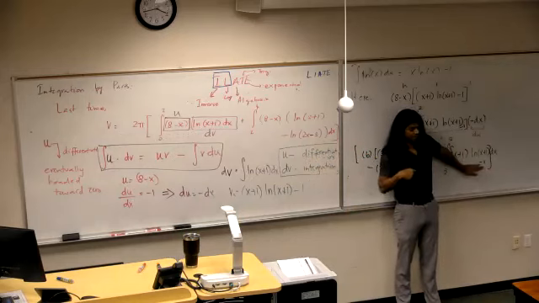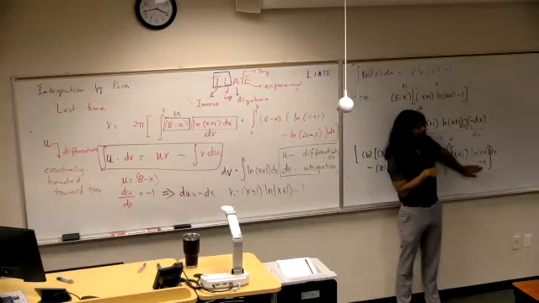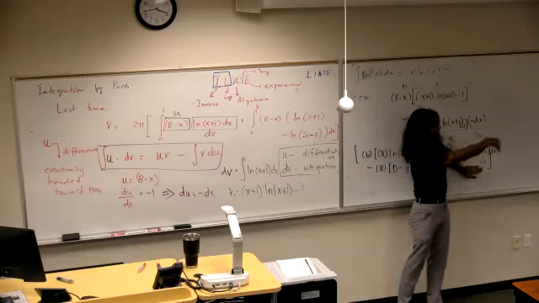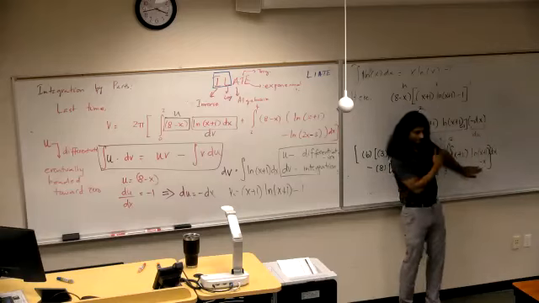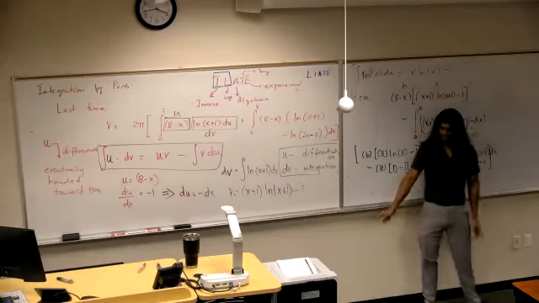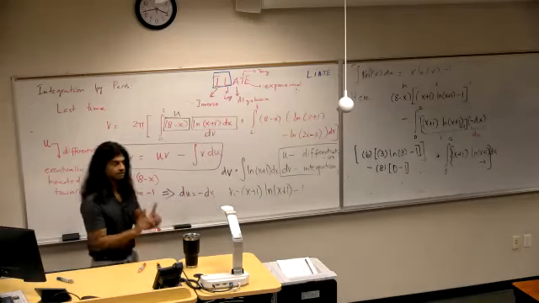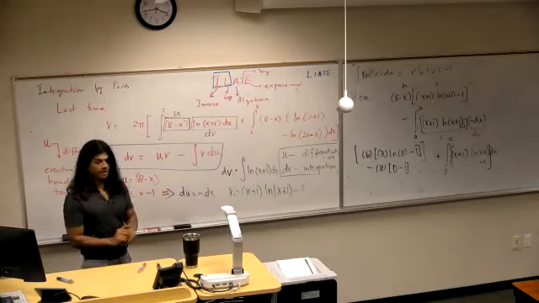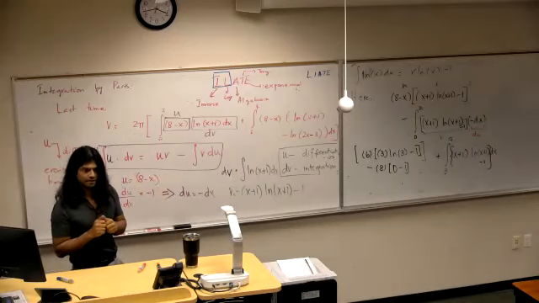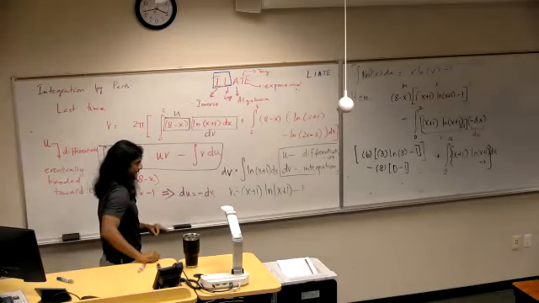So each time you integrate ln of x, you're going to get x ln of x minus 1. So this is going to get lengthier and lengthier. This is where you stop integration by parts and go for numerical integration, or find a different technique.